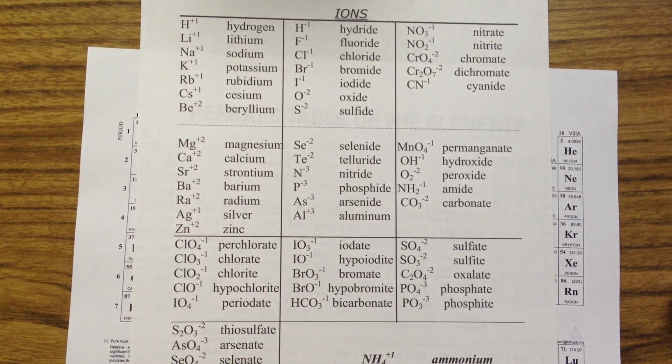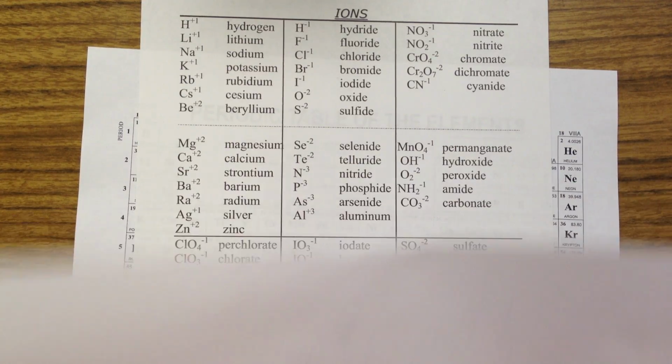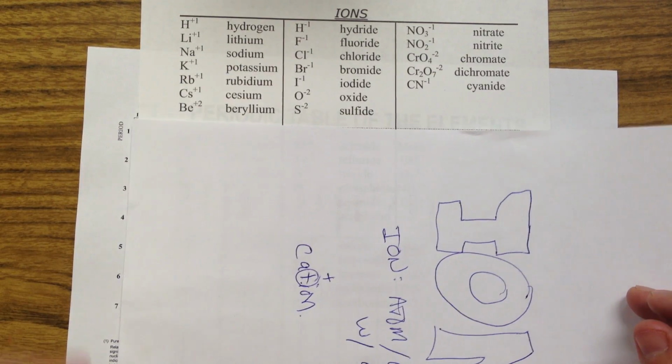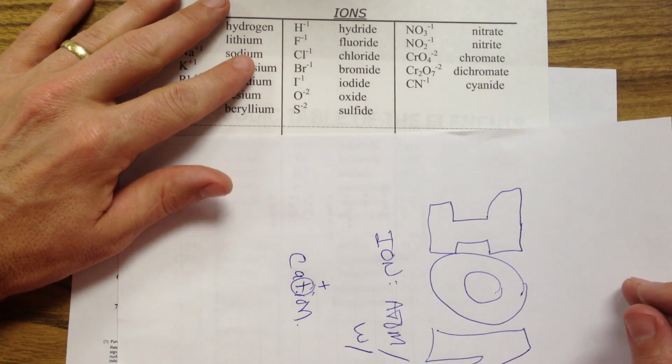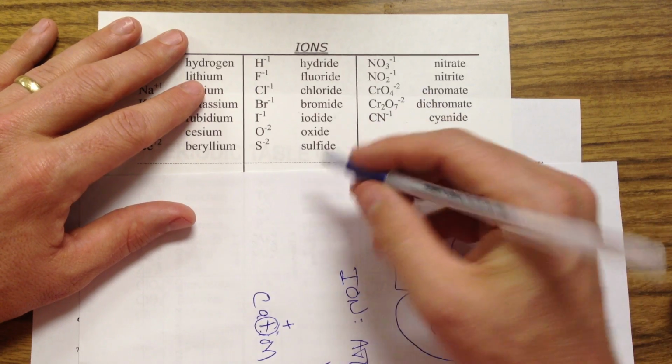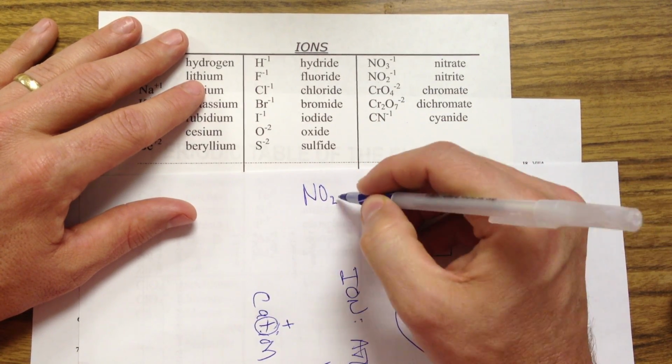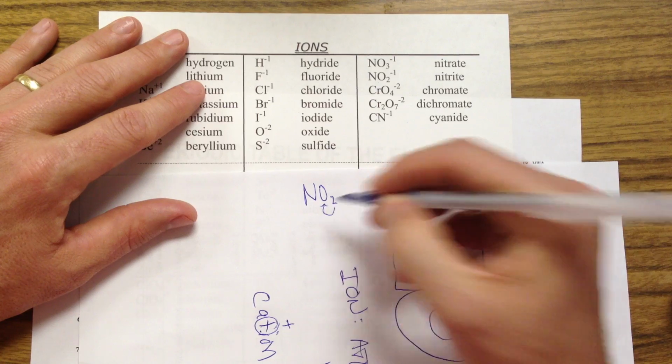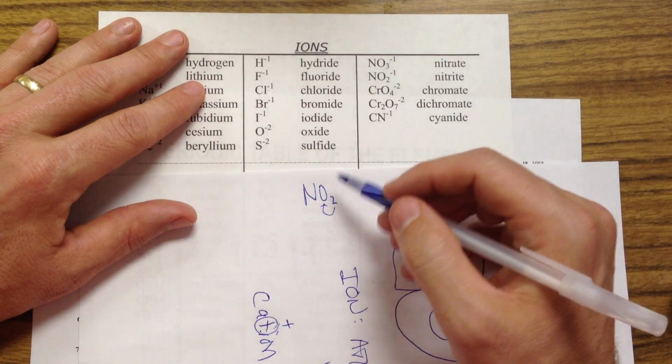Every ion is composed of a chemical symbol and perhaps some subscripts and then a charge. So let me walk you through that. Here we have a chemical symbol NO2. What NO2 means, that subscript denotes how many of the oxygen atoms there are.